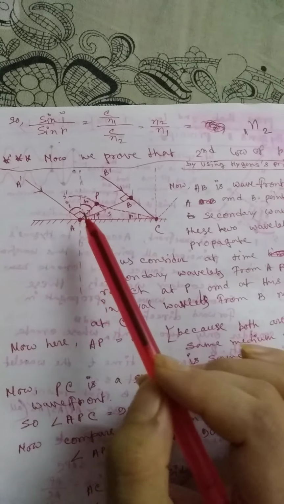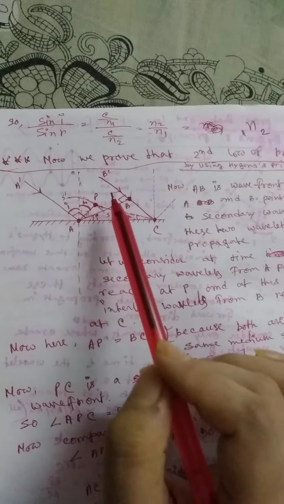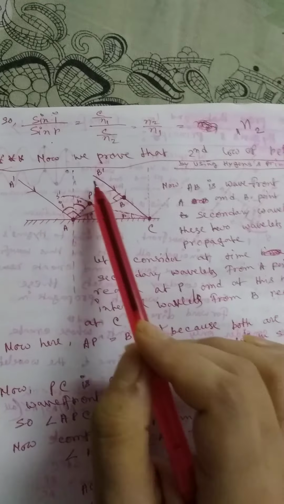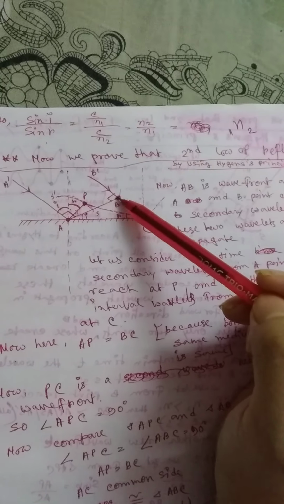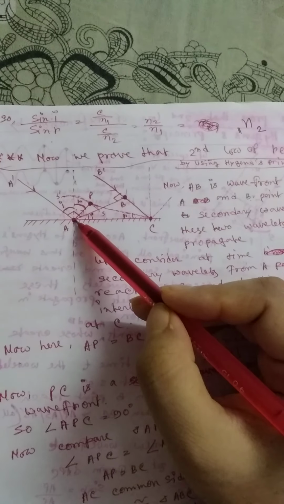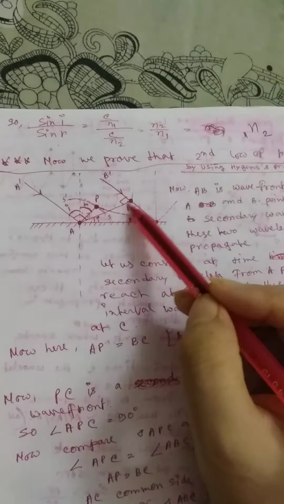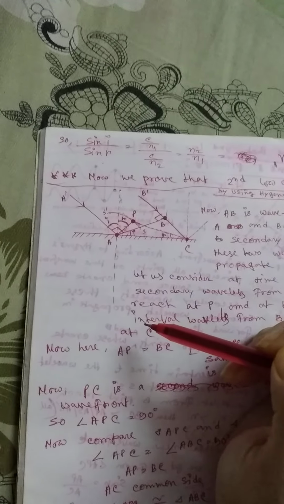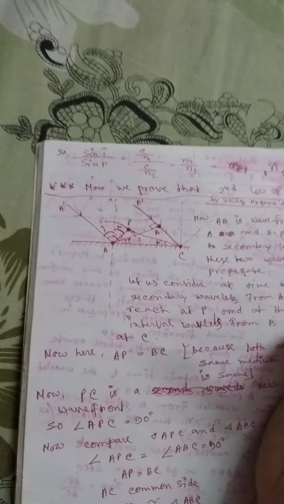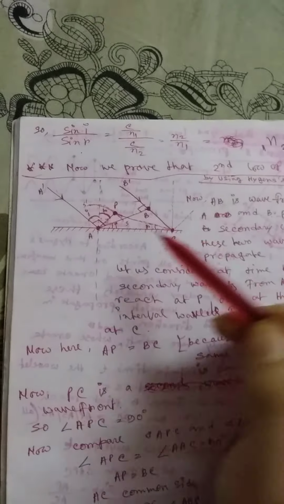Here I am also taking two light beams, A dashed A and B dashed B. These two light beams are also parallel to each other, and AB indicates the wavefront, right? That means each and every point on this AB behaves like a new wave source. They generate new secondary wavelets, right?